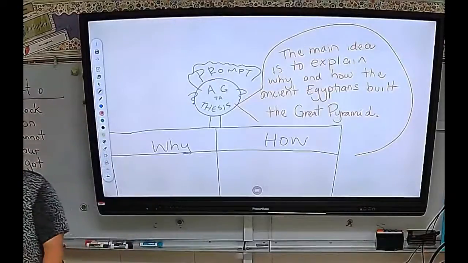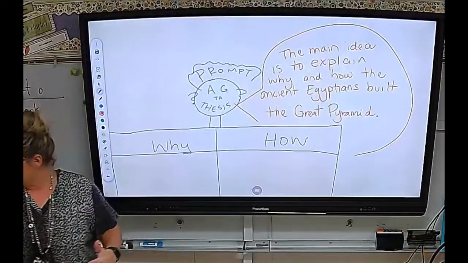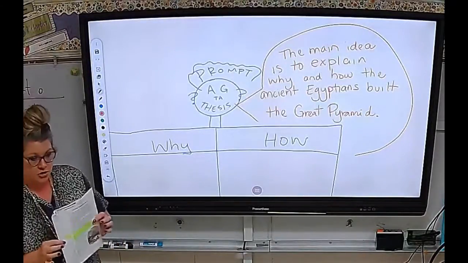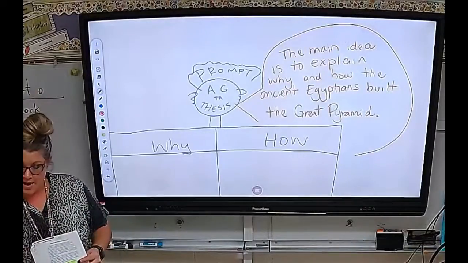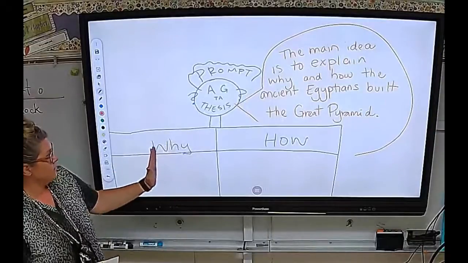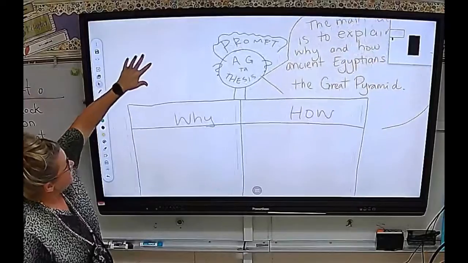Now, on your own, here's what you're going to do. You're going to go back in your text. Remember how we highlighted and made notes in the margin on our text together for why and how? Well, if you look right here on your writing page, you've got a big box for why and a big box for how.